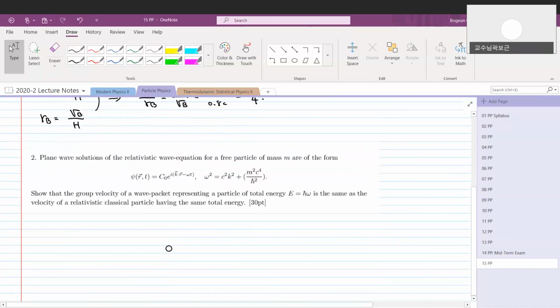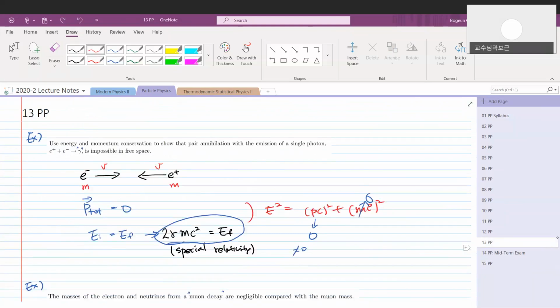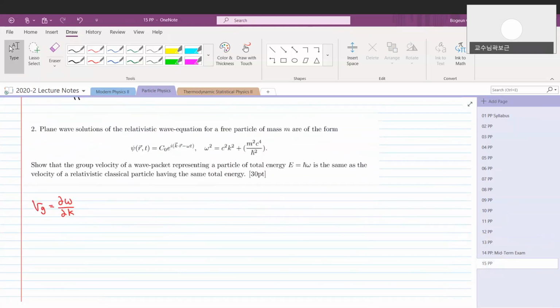So the group velocity is defined by Vg equal to partial omega over partial wave number k. According to that, let's take the partial derivative with respect to k on both sides of the dispersion relation for omega squared.